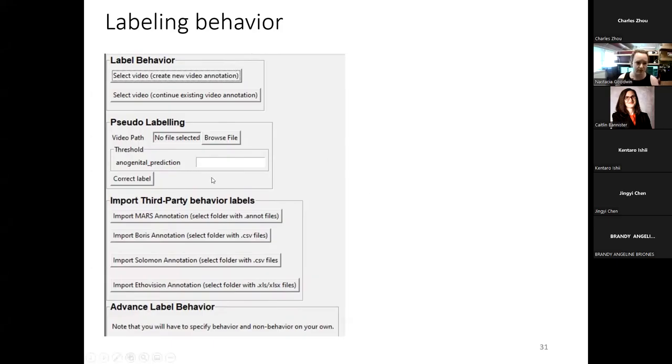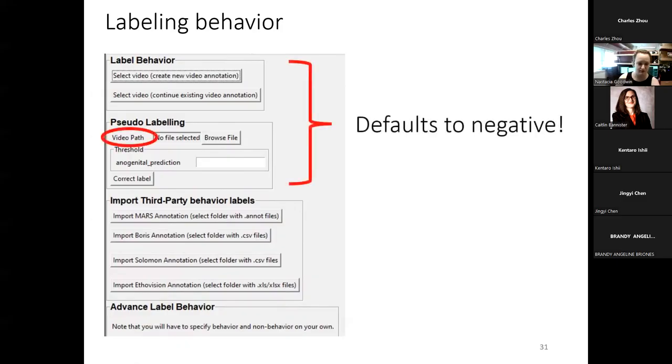Pseudo labeling is nice because you can use an existing classifier, run it on some videos, and then go through and correct whatever you're seeing. It's a good way to correct any outliers you're getting. Advanced label behavior doesn't work yet. We're working on that, so just don't use it yet.